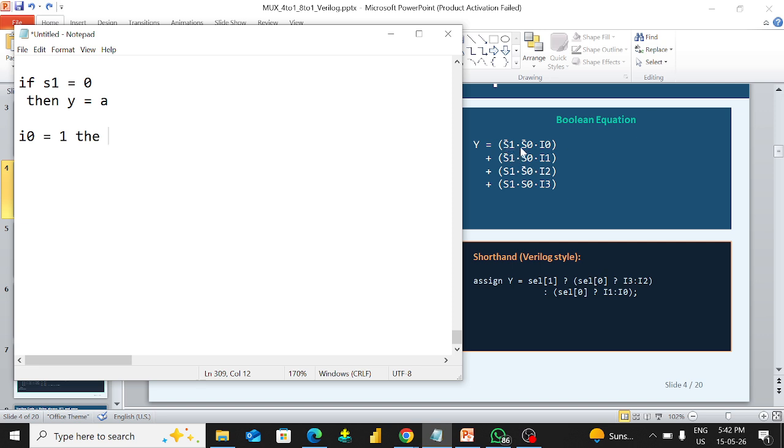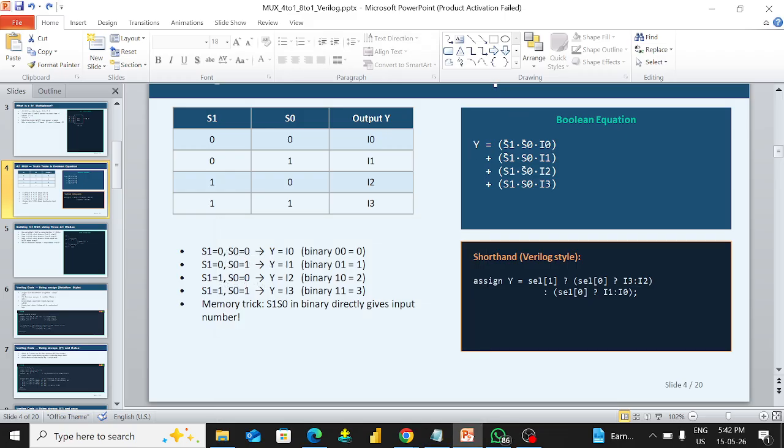S1 AND operation with S0 becomes 1, so that AND operation with I0 gives I0. So for both S1 and S0 true, what equation will Y get? Y is equal to I0.